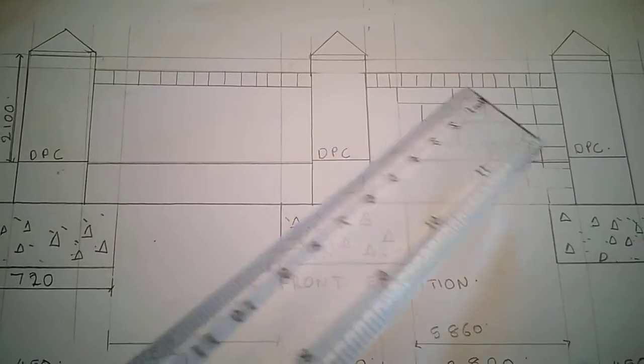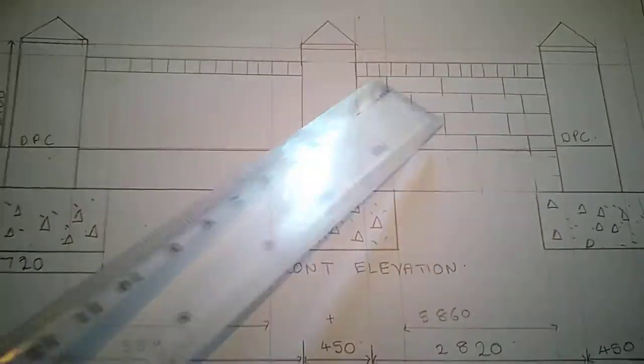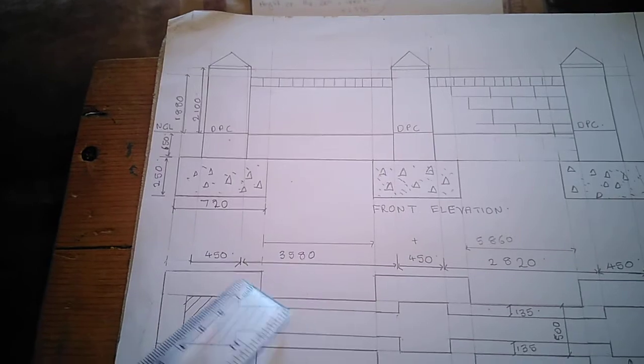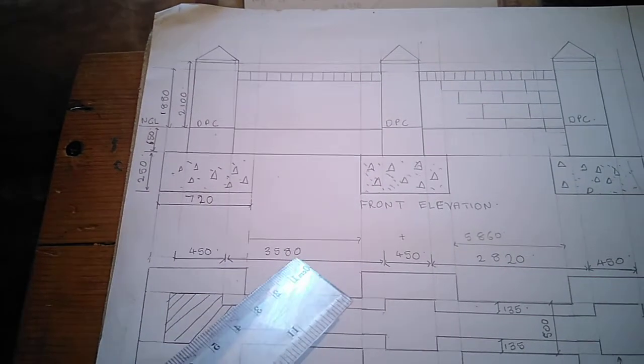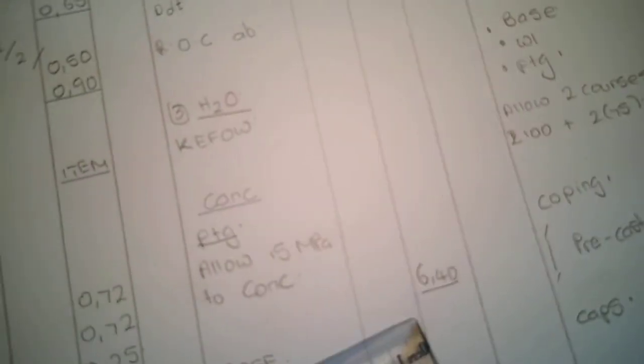And now the coping that I just did roughly, the coping is the total length from there to there, from there to there, because the coping is this that is on the top. So now the total length of that is 3,580 plus 2,820, and then we will get a total of 6.40. So that is measured in meters. You just book it like that, and then you underline.